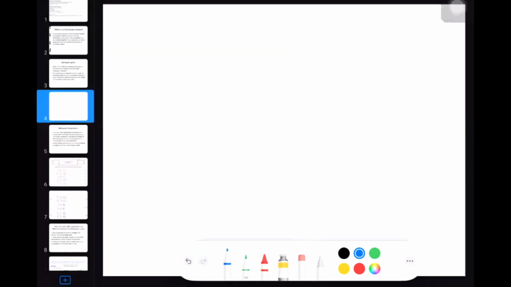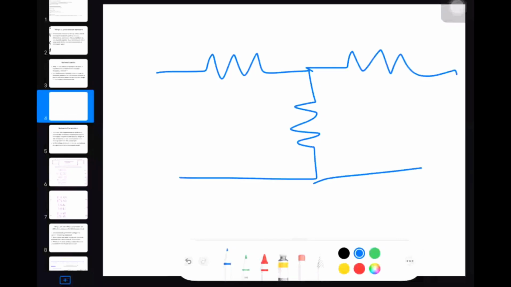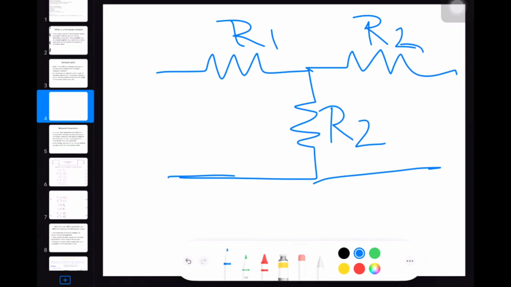Let me take an example of a simple low frequency circuit, where you are connecting an attenuator, and let me consider that there are three resistors connected in the circuit, R1, R2 and R3.